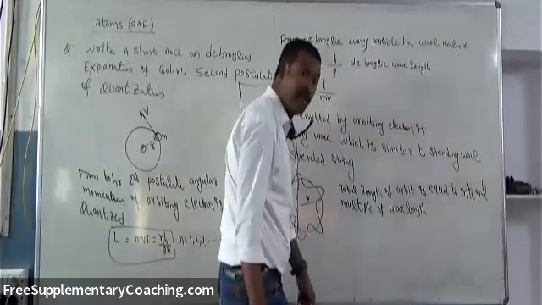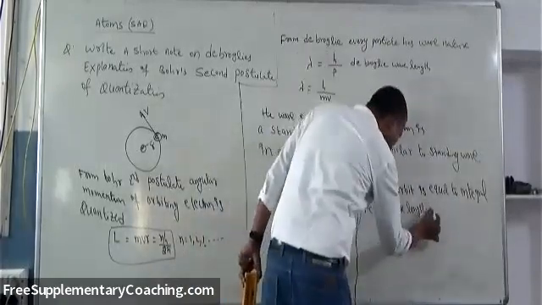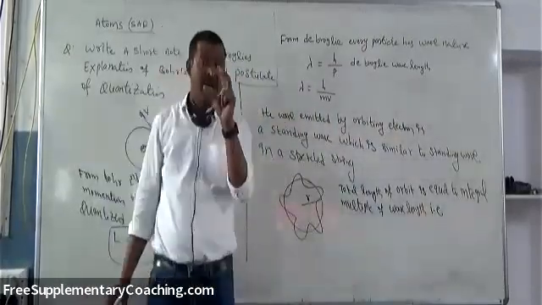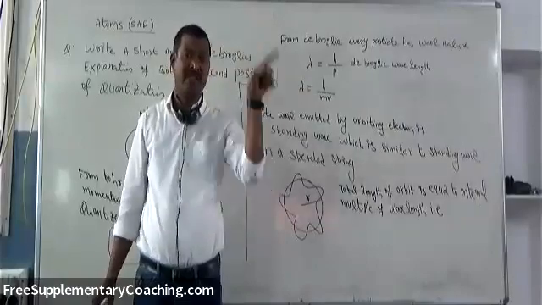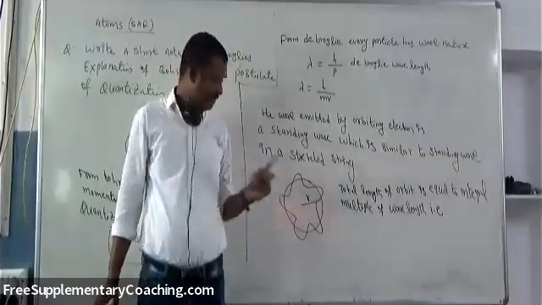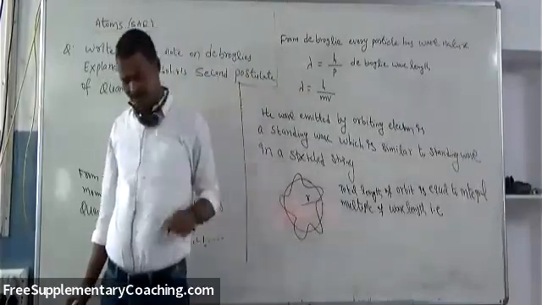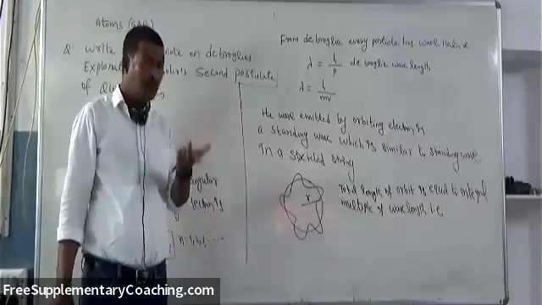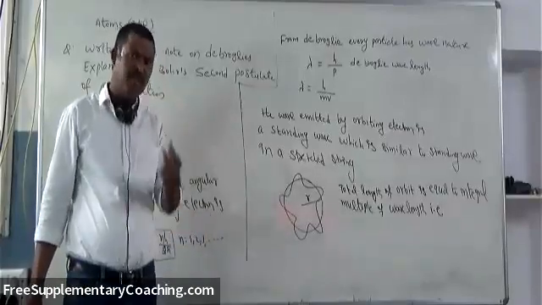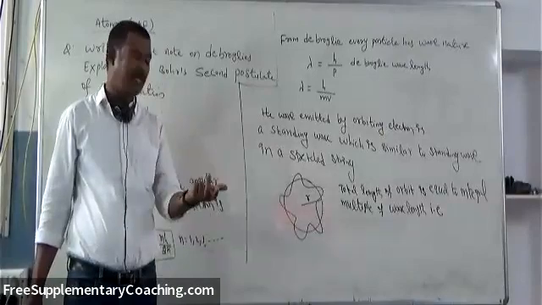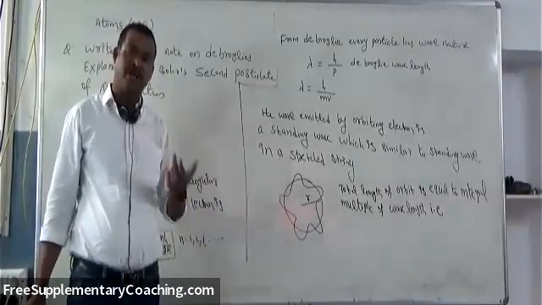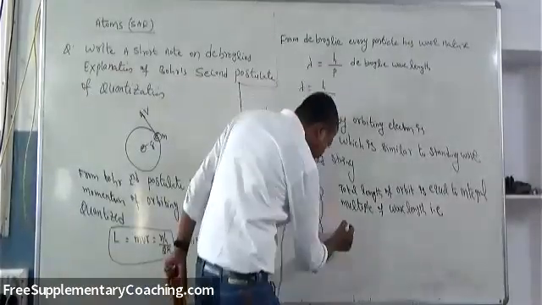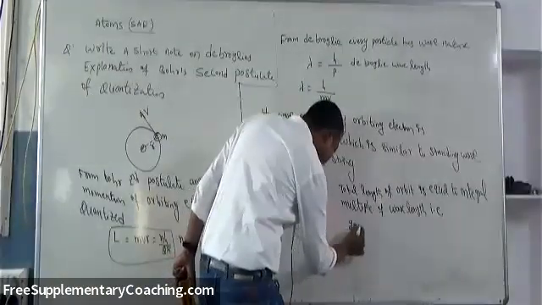Integral multiple of wavelength means what? The total orbit length. Orbit length means the circumference of the orbit. The orbit radius we have taken as r, so the circumference, or length of the orbit, is 2 pi r.